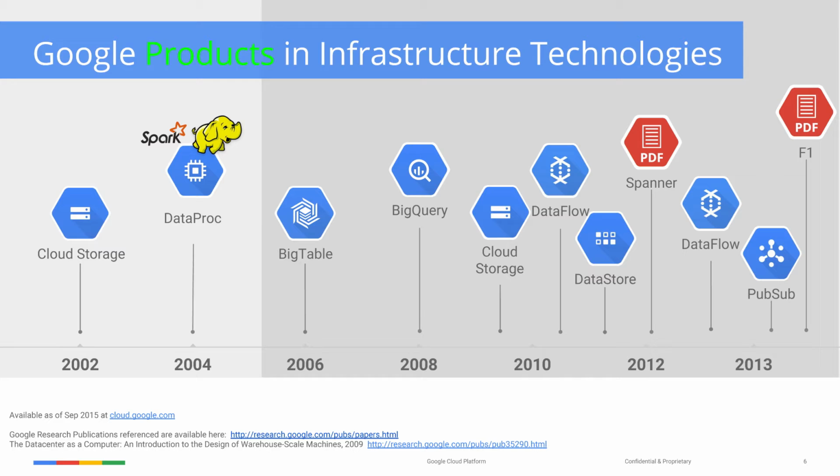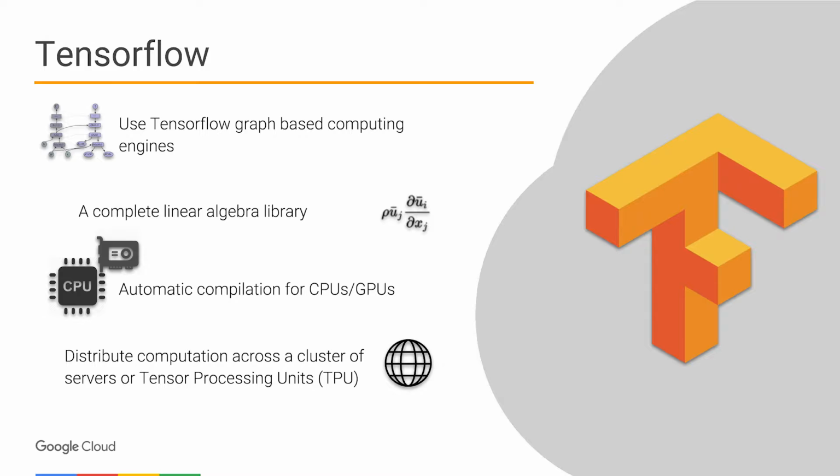TensorFlow, which I think has been mentioned before, is an example of one of our internally developed technologies that then has been released as open source. We are also the only place where you can use so-called TPUs, Tensor Processing Units, a specialized piece of hardware to make your TensorFlow calculations much faster and more effective.